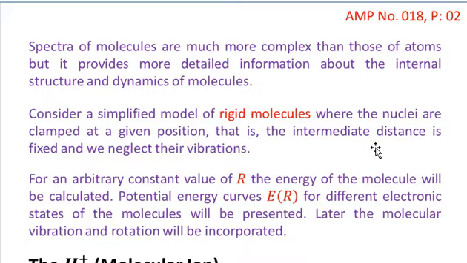That is, the internuclear distance is fixed and we neglect their vibrations. So in the rigid molecule, we shall be considering that the two nuclei are clamped at a fixed position, and that there are no vibrations of the nuclei. So such a molecule will be referred to as the rigid molecule.